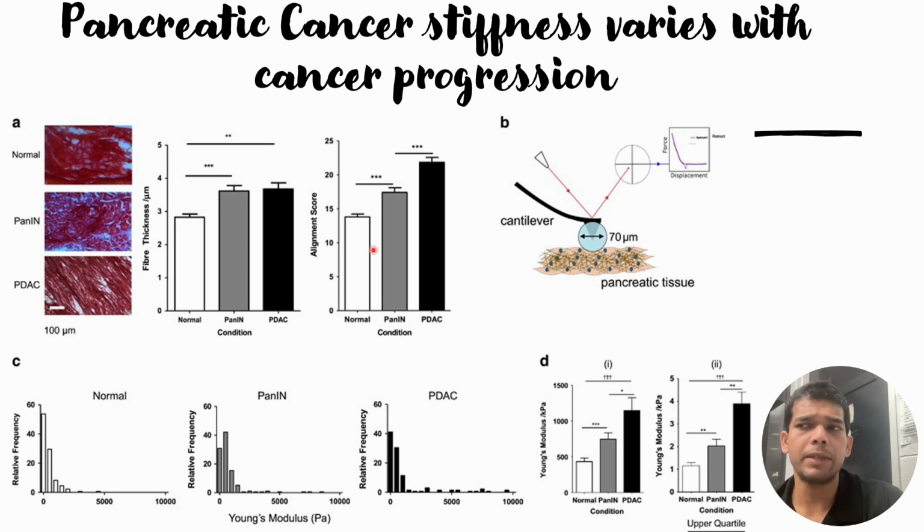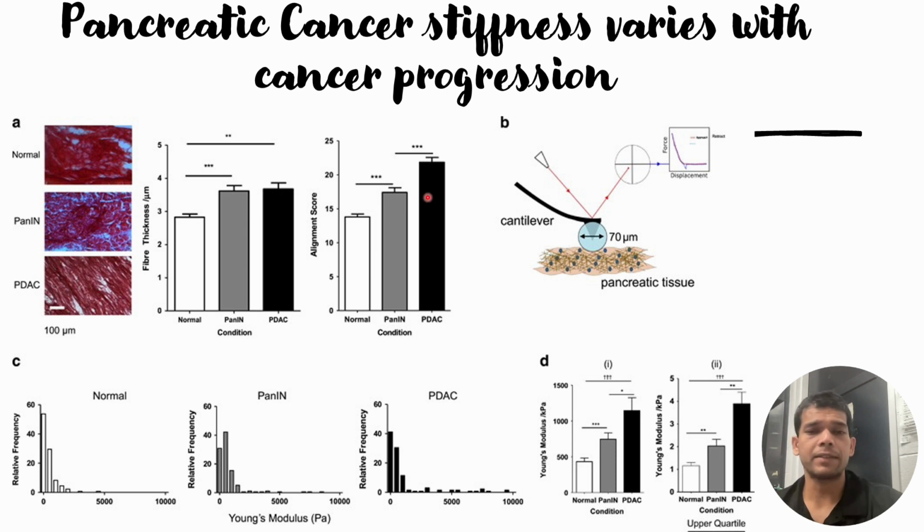This can be interpreted in a way that as the pancreatic cancer becomes more aggressive in nature, it gets aligned. In order to be more metastatic, it needs to be aligned with the surrounding tumor microenvironment, or the collagen fibers in this case. This could be interpreted from this result so far.